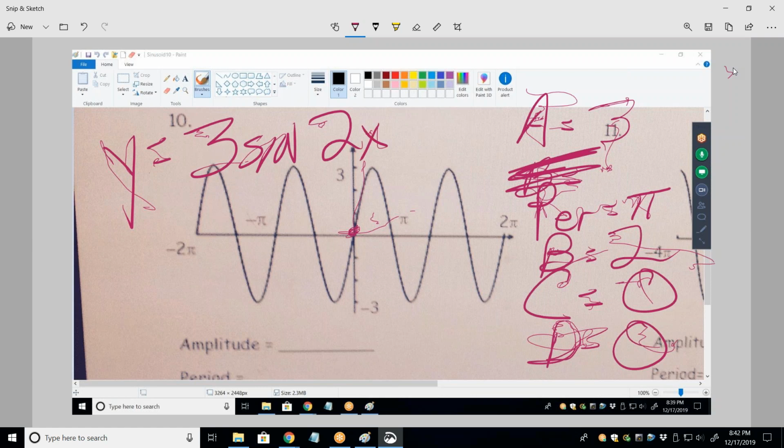Yeah, I don't need the parentheses if there's just x there. If there is a phase shift, then I do need it. But since C is 0, it's 2 times the quantity x minus 0. And that's it.